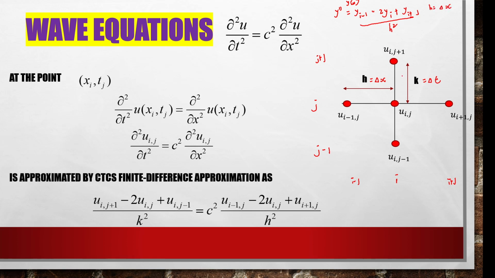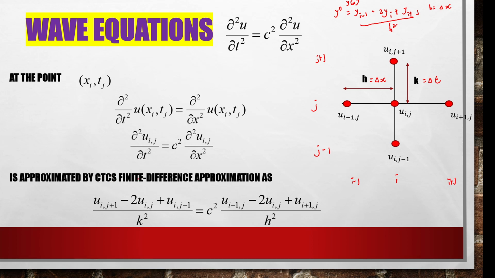For time, we differentiate with respect to time, and the increment delta t is equal to k. For CTCS, we use 3-point central for the time derivative, and 3-point central for the space derivative.